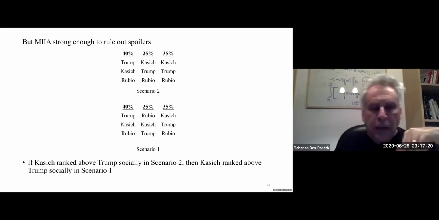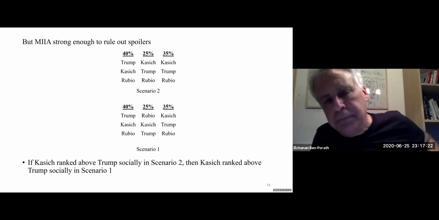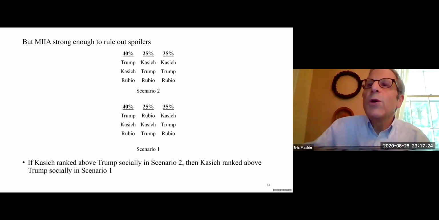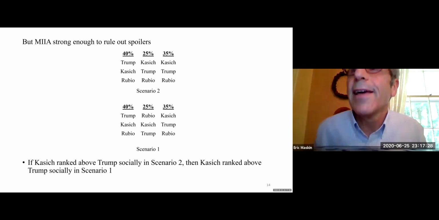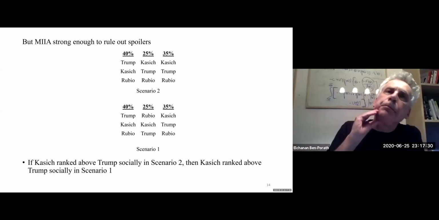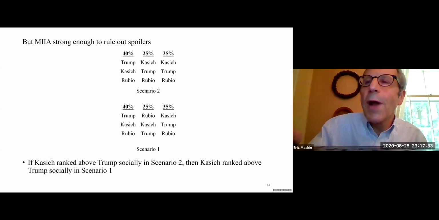If we do that with this version of MIIA, a fortiori, we can get it with the stronger version of IIA. Okay, very good. So it's just on logical grounds that it makes sense to use the weaker condition.